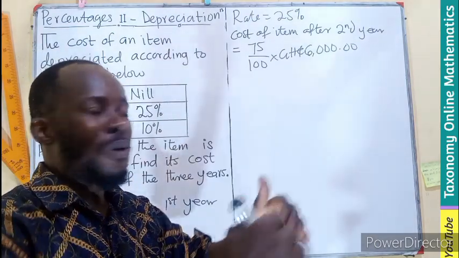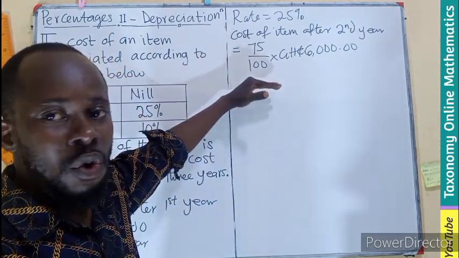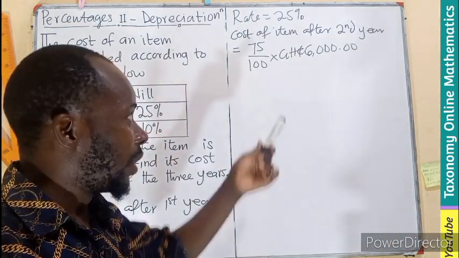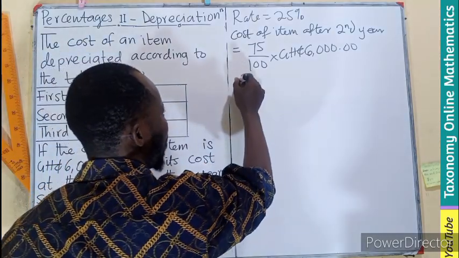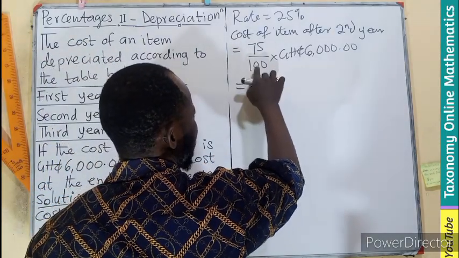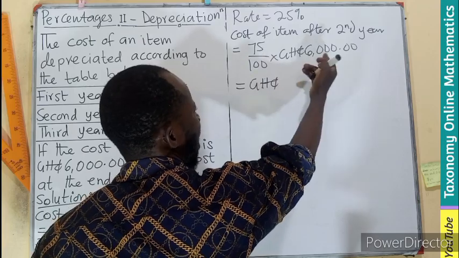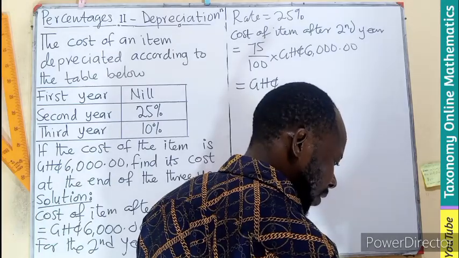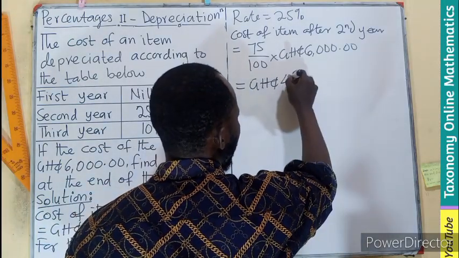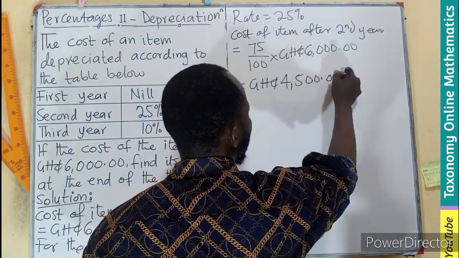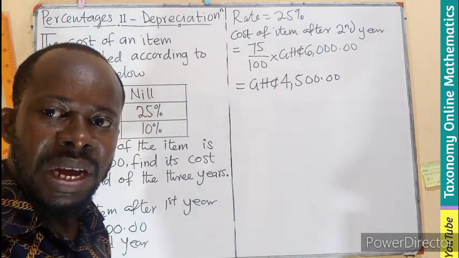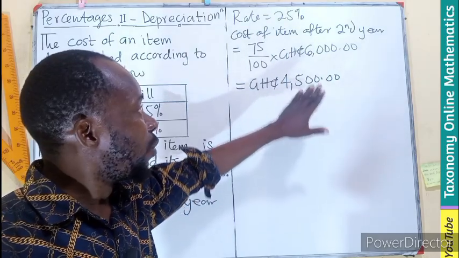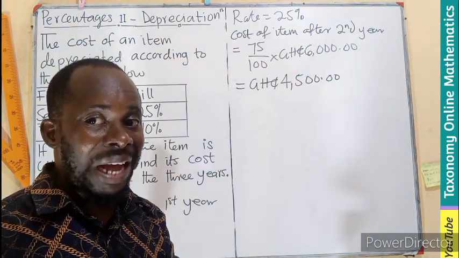Then you subtract that from the 6,000 to get the value of the item after the second year. These two zeros will cancel these two, leaving 60 times 75, which will be 4,500. Do we see that? This is 4,500. If you add the 1,500 to it, you come back to the 6,000, which was the original price.